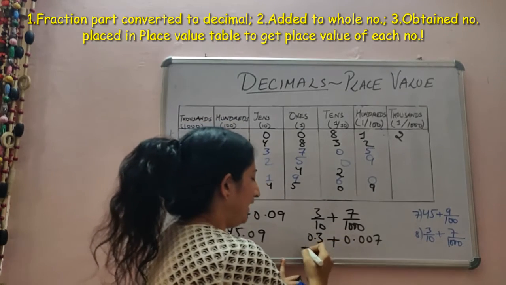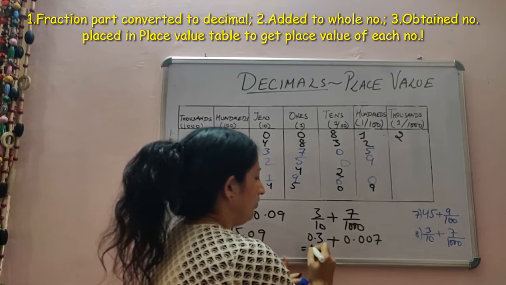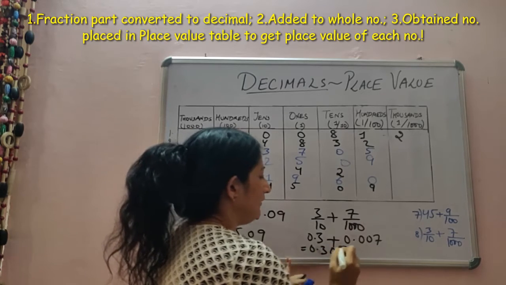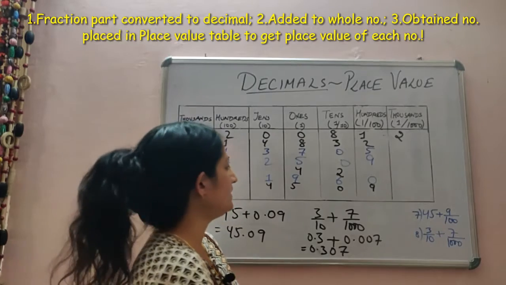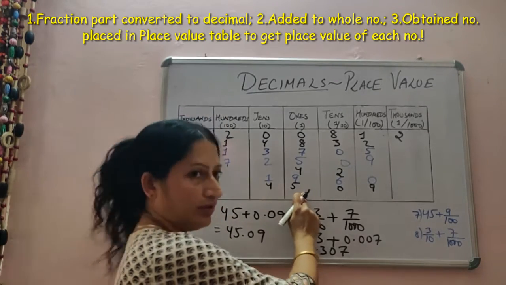So when we add it, it will come as 0.307. We have numbers only in the decimal place, so on this side we will not write anything.